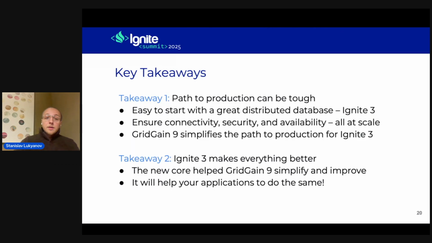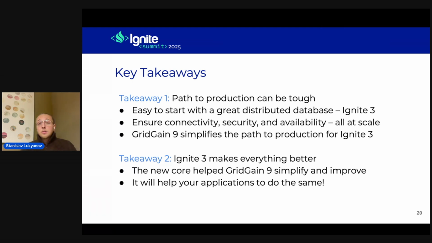So to summarize, I'd like to talk about two takeaways here. The first relates to getting Ignite to production, which can be tough. You start with a great product in Ignite 3 with that great distributed database, but then you need to ensure at scale data connectivity with other systems, support for different data formats, compliance with security and availability and reliability standards.